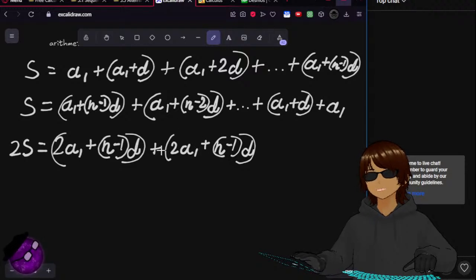Also, you may notice that these two look exactly the same. For the third one, it will also be 2a1 and then plus 3d plus it with n minus 2d, which will give n minus 1 d. So basically, when we are adding them, this plus this, this plus this, and so on, we get the same value being added a particular number of times.